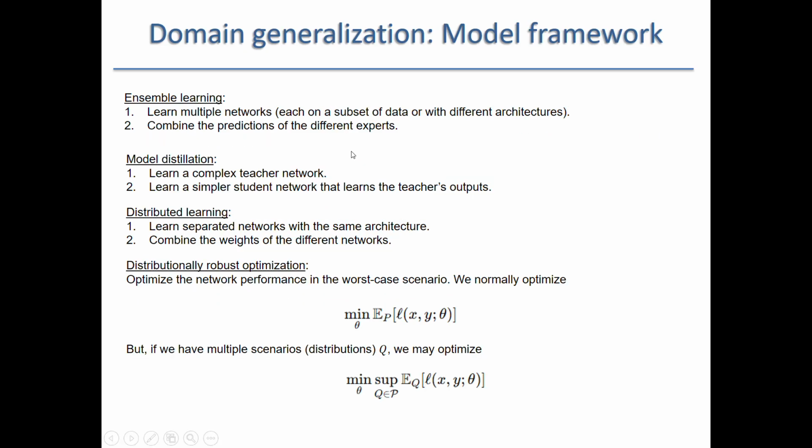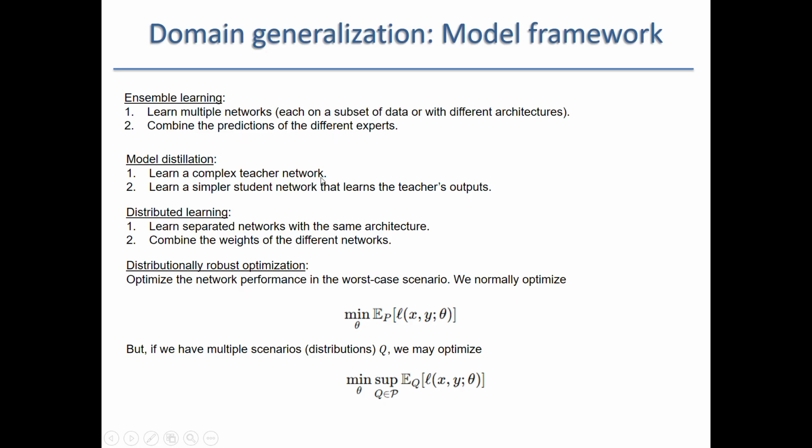Then we can work at the level of the model. For instance, ensemble learning learns multiple networks, each one on a different subset of the data or with different architectures, and then you combine the predictions of the different experts.